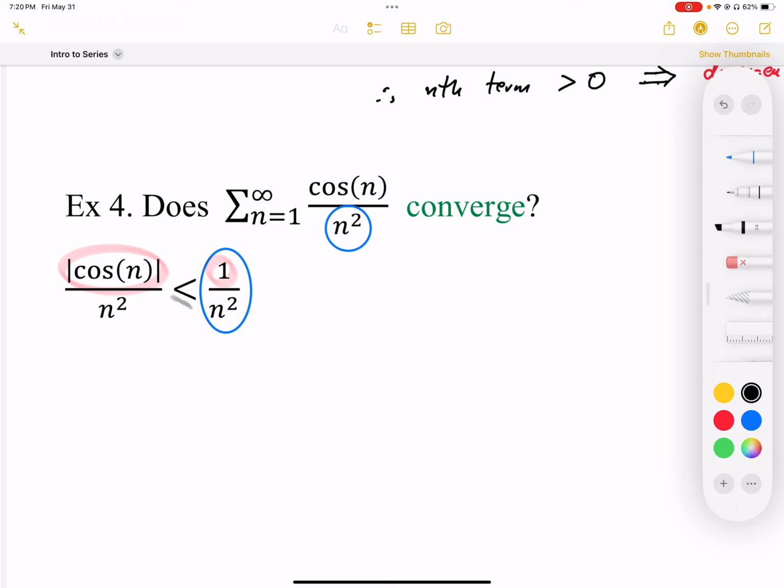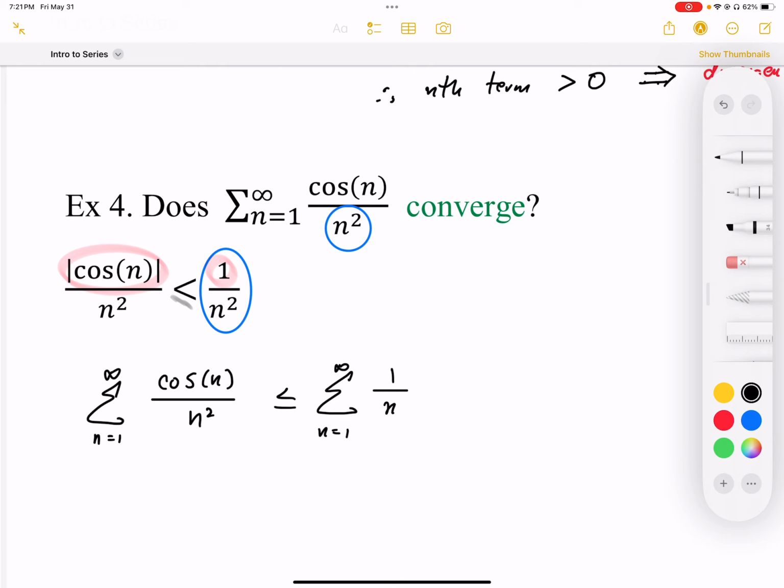So we know that if that's true, we can make it a term by term comparison again, and say that the sum from n equals 1 to infinity of cosine n over n squared, and the fact that if we take away the absolute value, it is alternating, this would make it more likely to converge. We know that this is going to be less than or equal to the sum of our Basel series from n equals 1 to infinity of 1 over n squared.